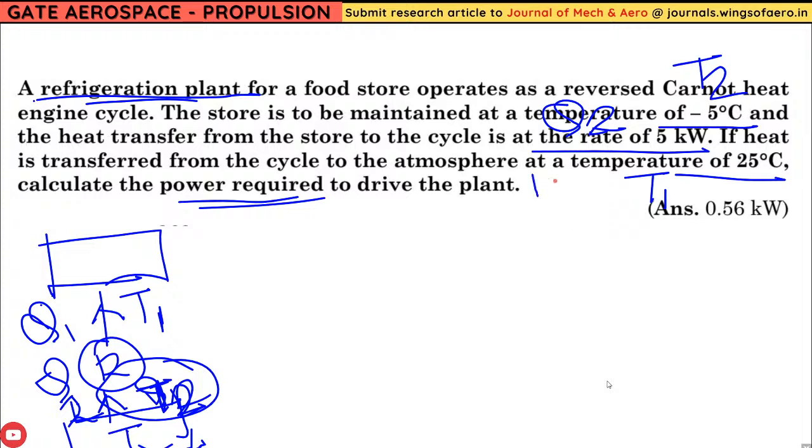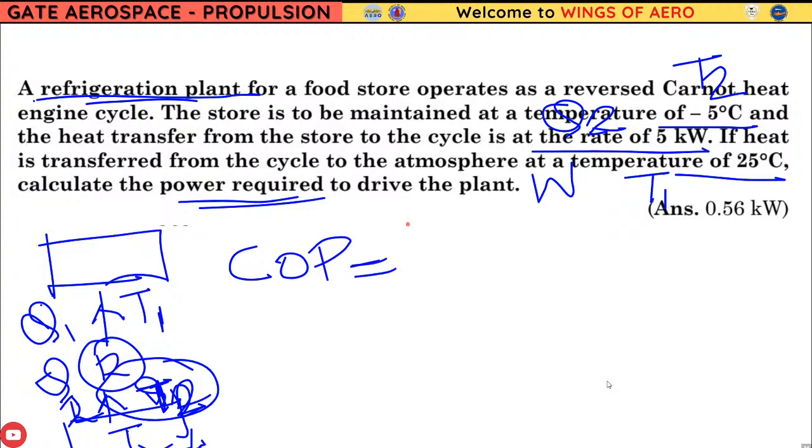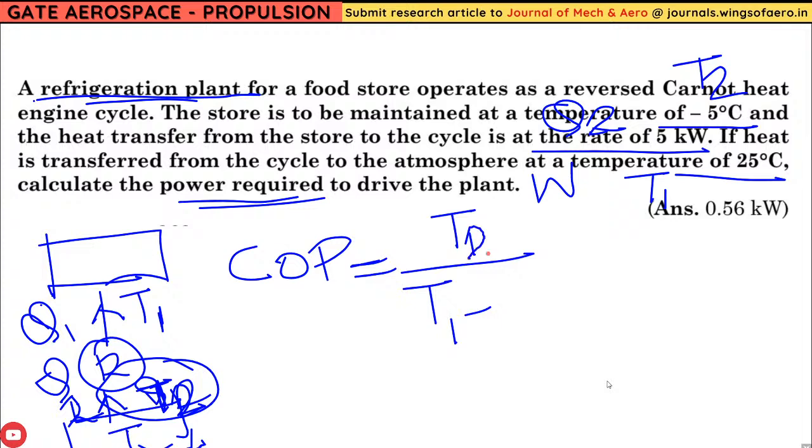Now how to find the power, that is, how much work done? Let's recall what COP is. COP means desired effect divided by the work done. Now what is desired? Here it is cooling, that means Q2. That is, I can say T2 divided by T1 minus T2. Can I get this COP?